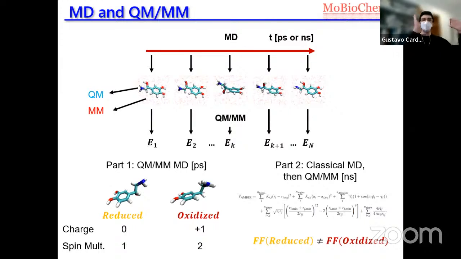So we change from classical MD to QMMM MD. And this is actually what we're going to do here today. Okay, so that being said, I guess we can start with the actual tutorial.